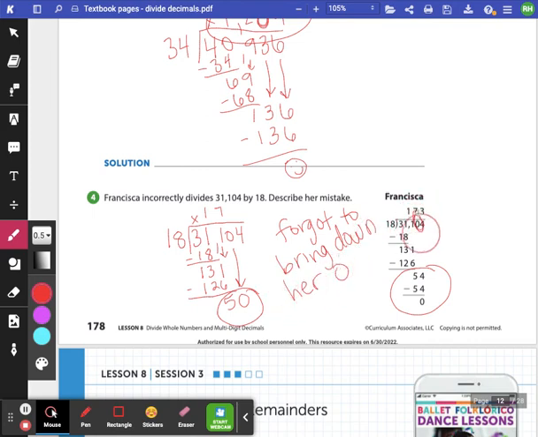So right here, she kind of skipped that step. She should have brought down a 0 and said, how many times can 18 go into 50? We would know that 3 times is too big, so it would only be twice. 2 times 18 is 36, and we could continue from there. So she forgot to bring down her 0.